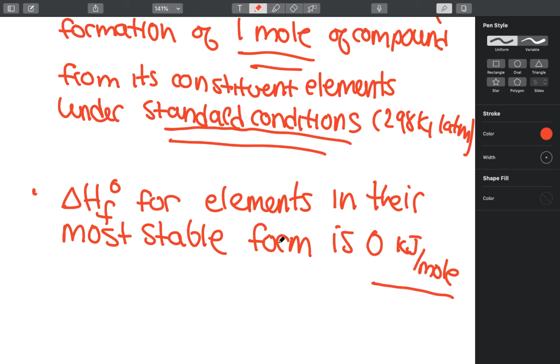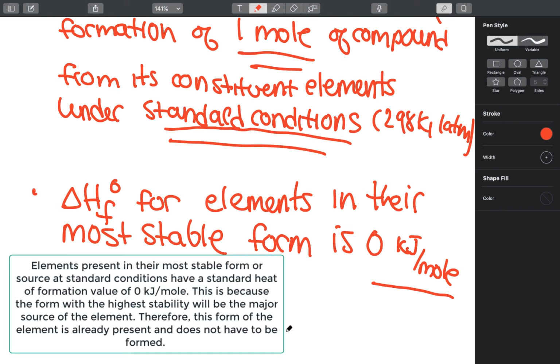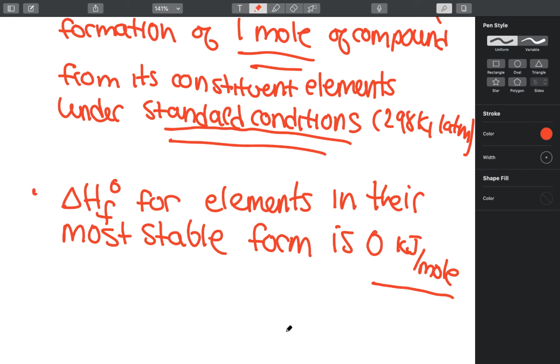That's because if they're in their most stable state at the standard conditions, then it is known that the elements in that form are already present and don't have to be formed. Therefore, there is no heat of formation value for the elements in their most stable form.